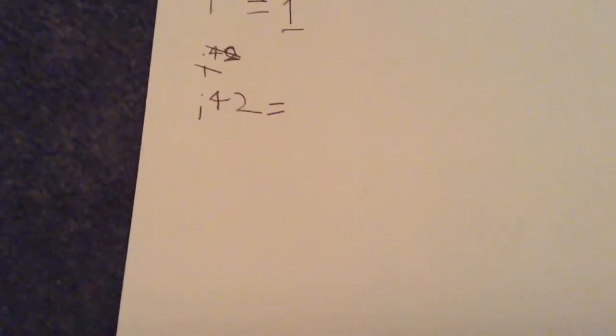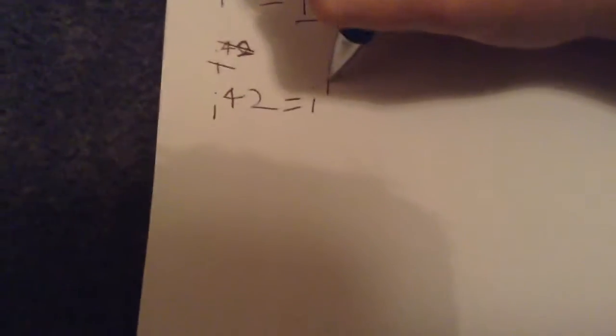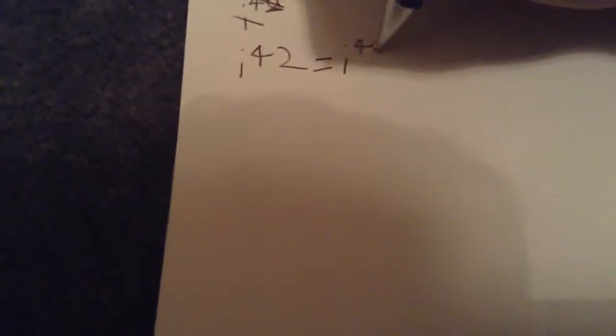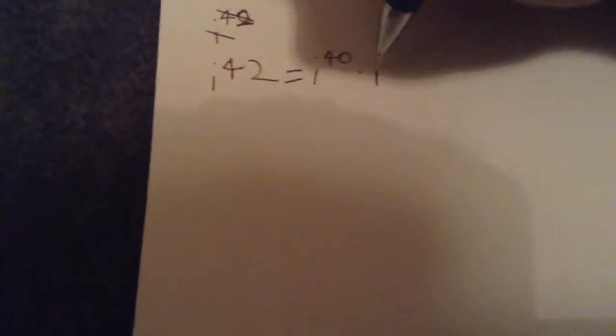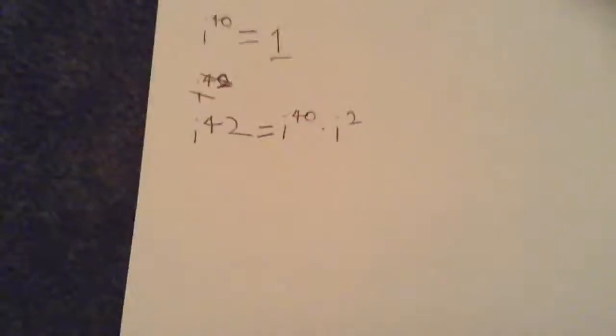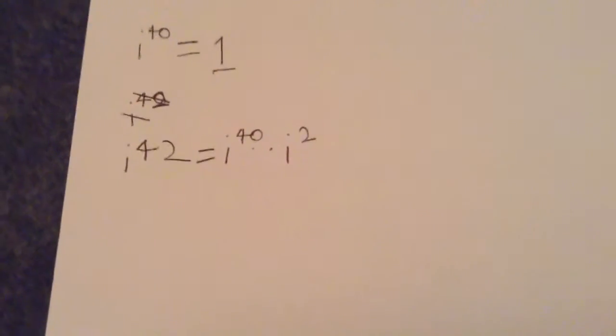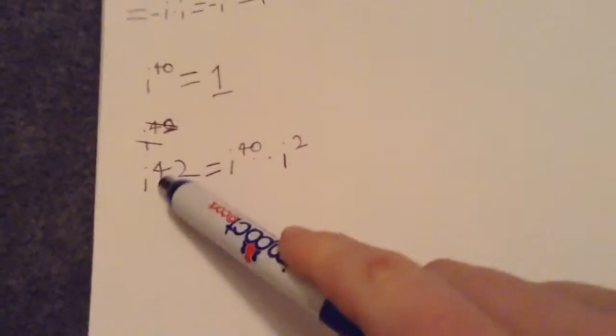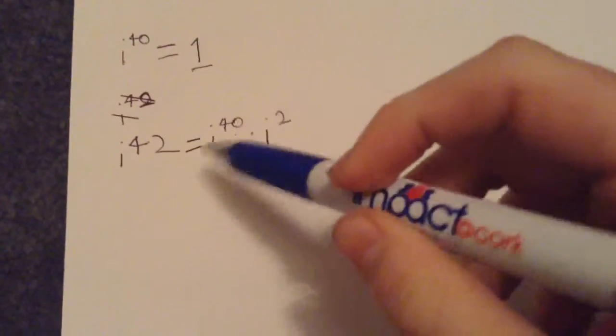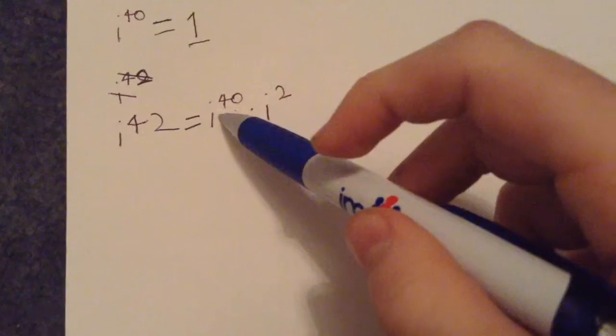Anyway, so I to the 42 is just going to be equal to I to the 40th times I to the 2. See, if you know how to do exponents, that's pretty simple. So we know what I to the 40th is.